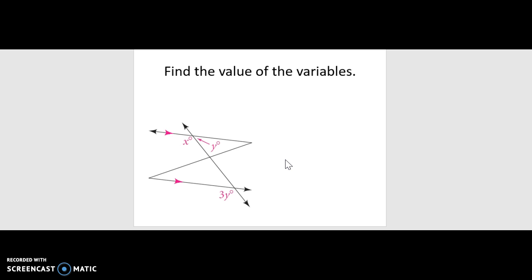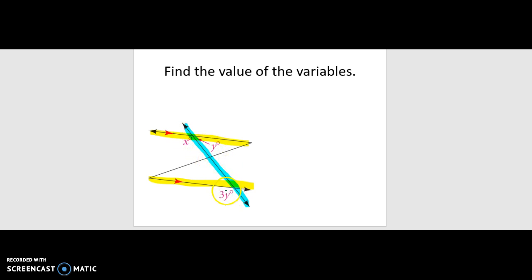Okay, so let's look at this one because I like this problem a lot. I have this parallel line, and I actually have two transversals, right? But I'm going to focus on this transversal right away. Now when I look here, there's really no correlation. If I use x and y, I can't solve for one variable.